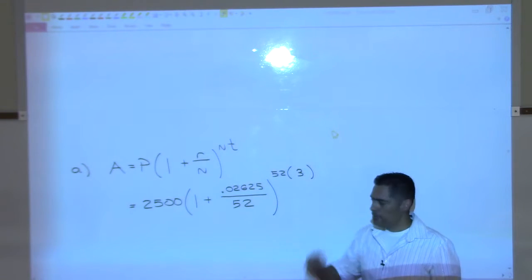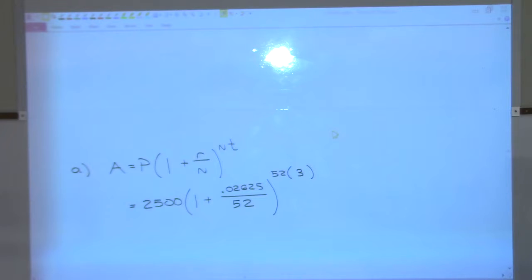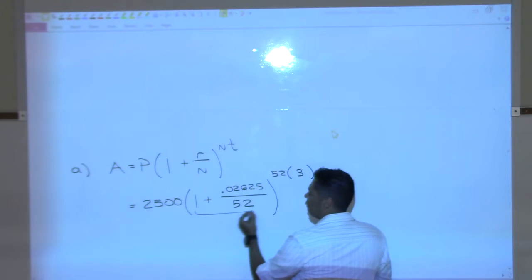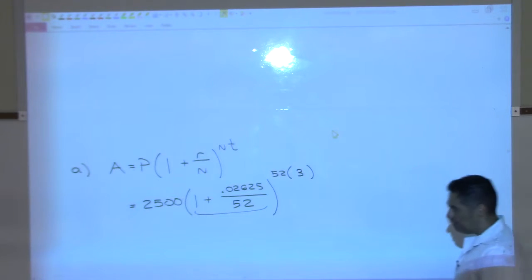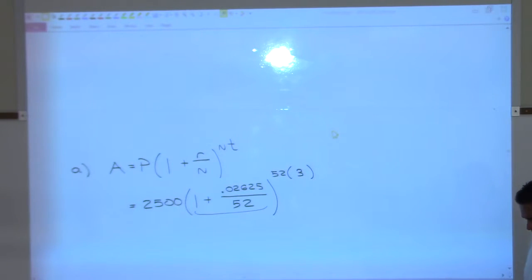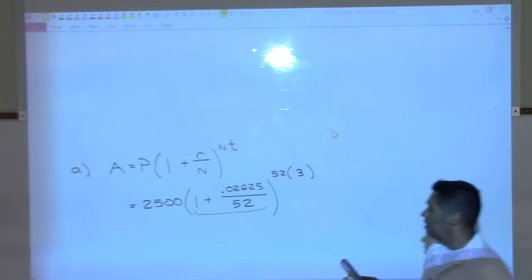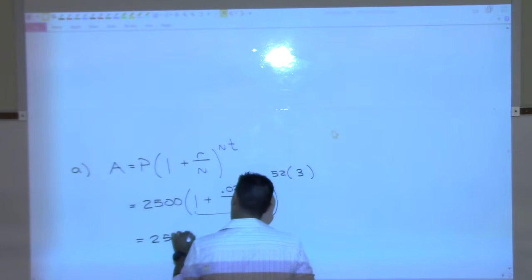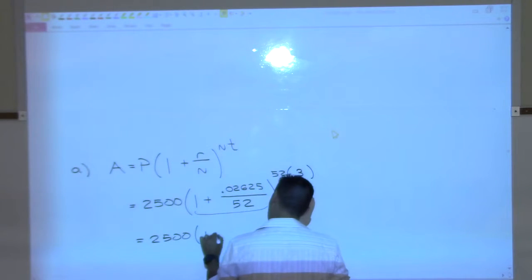All right, so now we need our calculators, and we're going to crank this out. Always start within these parentheses. Work this out first. Make sure you can get that on your calculator. And I said to use as many decimals as your calculator will give you if you want to be accurate.